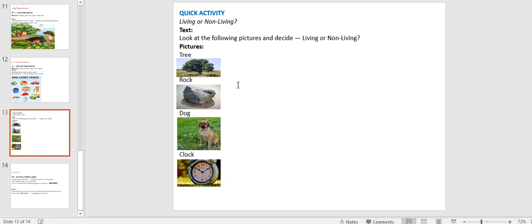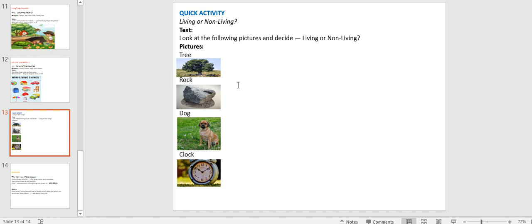It has grown from some point to where it is right now. So trees grow. That is one characteristic. By that alone, you can tell whether it's a living or a non-living thing. We said living things can grow, and I said the tree can grow, meaning a tree is a living thing.